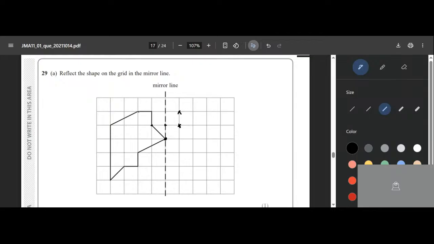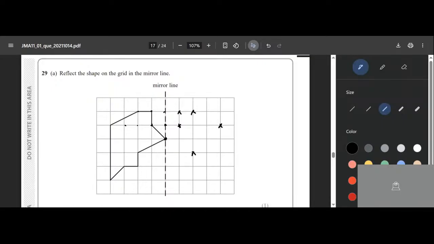Then we are looking at these vertices. 1, 2. So 1, 2 this side. Then we go down from the line 1, 2, 3, 4. 1, 2, 3, 4 here. Here we don't have any vertex. Here we have one vertex, so 1, 2 should be here.